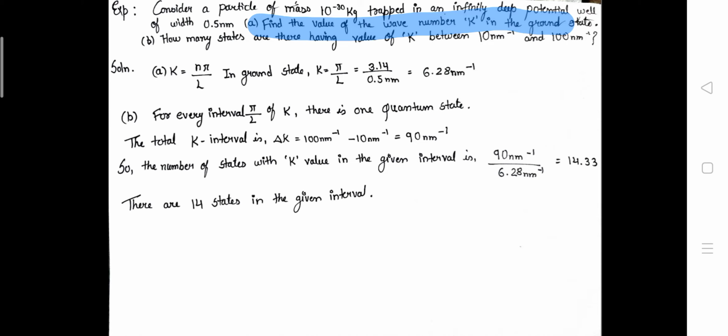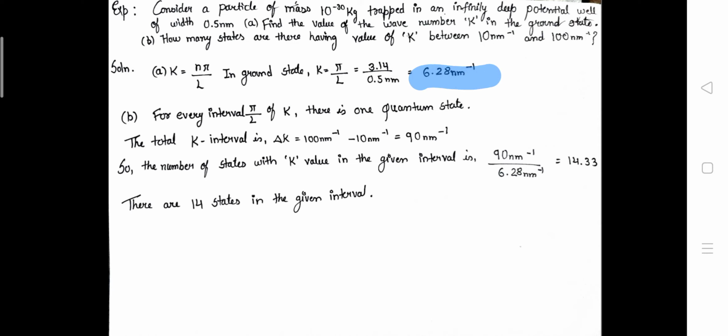Now we know the value of pi is 3.14 and the value of L is 0.5 nanometer. So finally we will get the answer 6.28 nanometer inverse. So this will be the wave vector for the ground state.